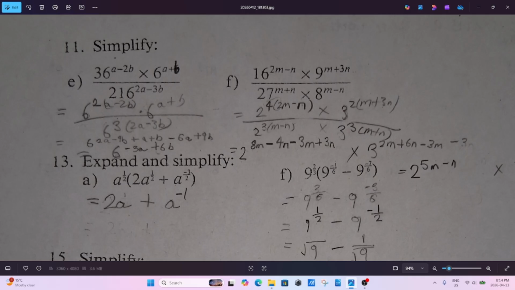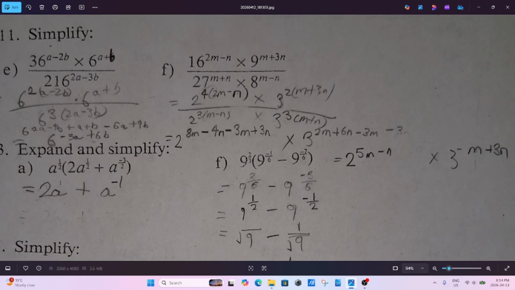And that is equal to 2 to the 8n minus 4n minus 3n plus 3n times 3 to the exponent 2n plus 6n minus 3n minus 3n. And when you add the exponents, you get 2 to the 5n minus n times 3 to the negative n plus 3n.